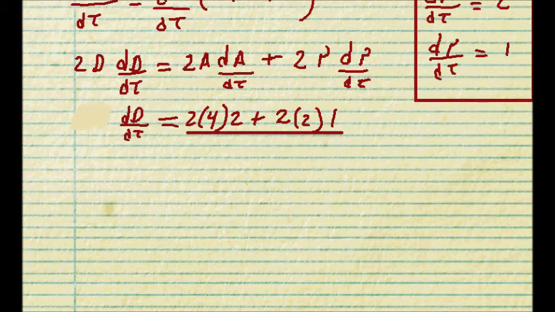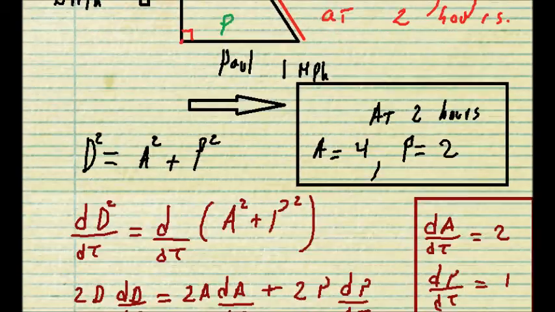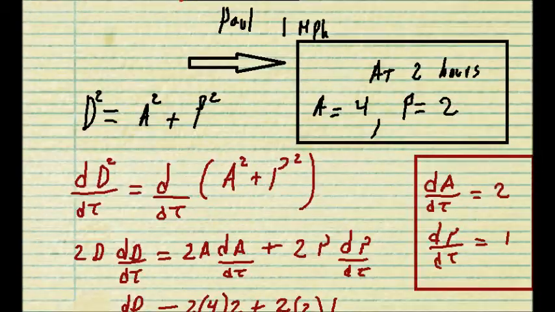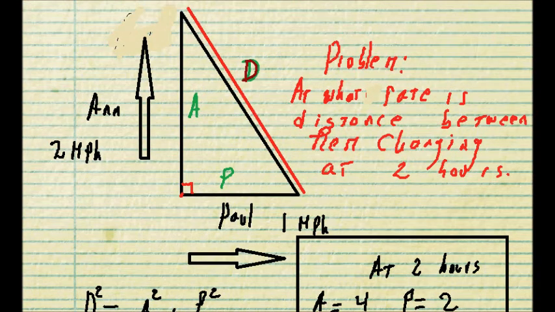My objective now is to find D. I want to find D at exactly 2 hours. D is given by this expression over here at 2 hours, so I am going to use the Pythagorean Theorem.